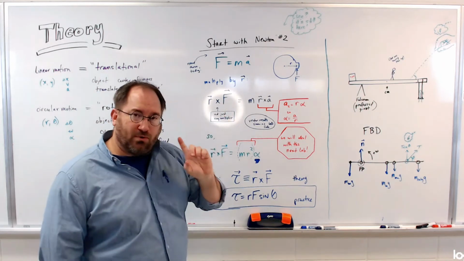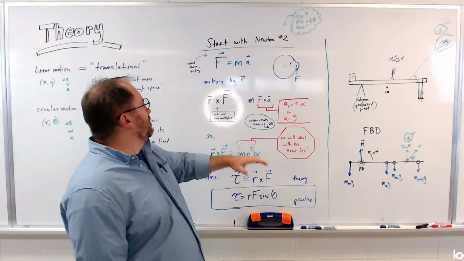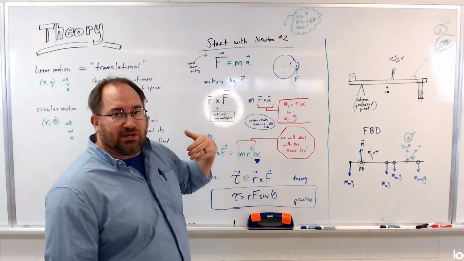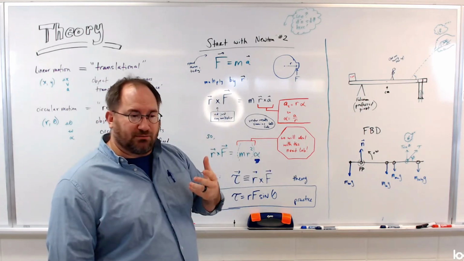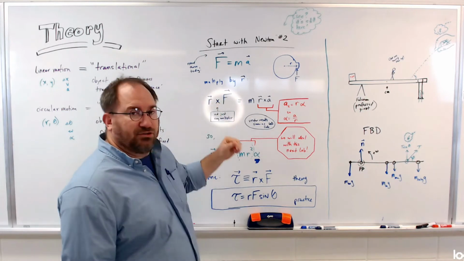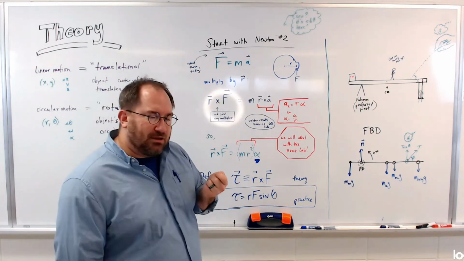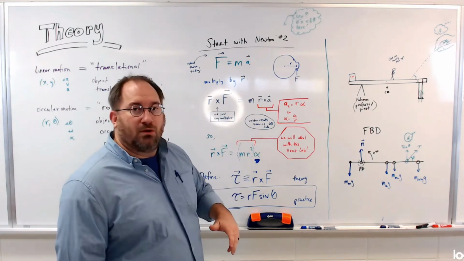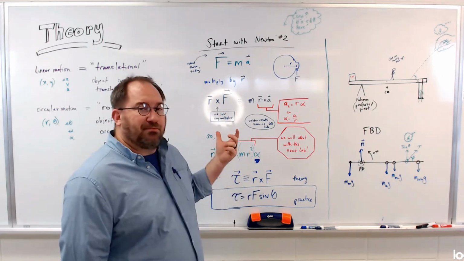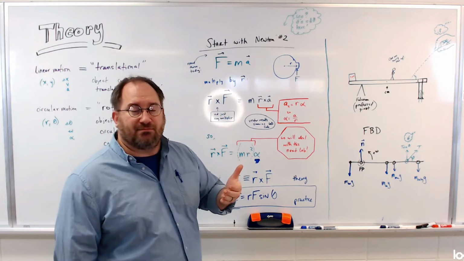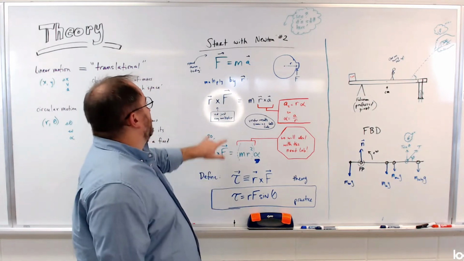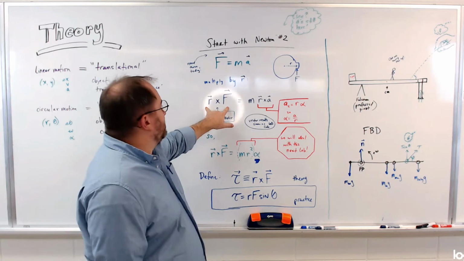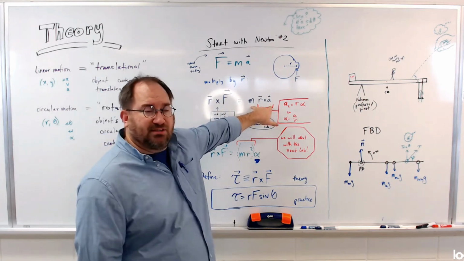But remember, radius is a vector here. We can't just throw those two together and call it a day. These are two vectors, and that direction characteristic is important. So we write this multiplier here, which we call the cross product, and this type of multiplication we'll discuss in live. But we multiply radius times force, and over here we will multiply it times the acceleration.